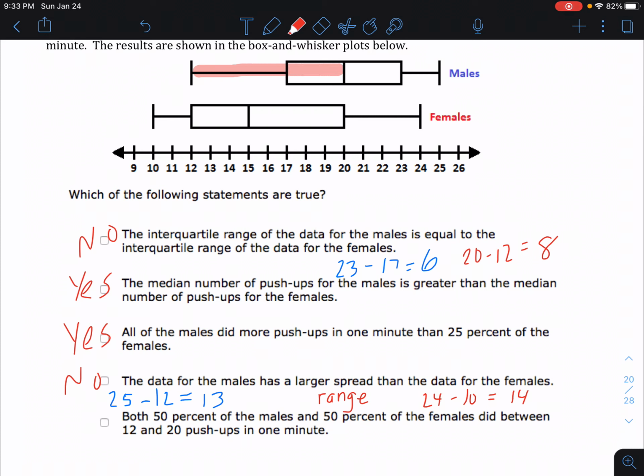So yeah, that would be 50%, 25 and 25 for each part. So that holds true for the males. And what about the females? They're 12 through 20. Yeah, that covers two boxes. 25 and 25 does make another 50%. They just were different between them, but they still covered 50%. So therefore, yes, that's a true statement.